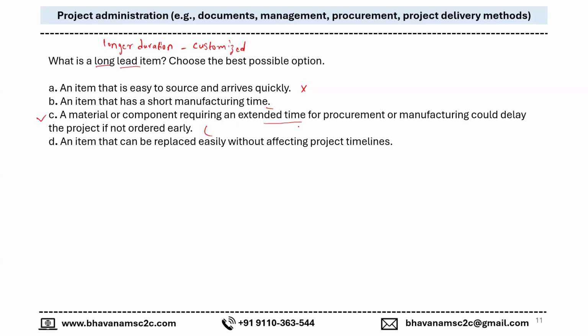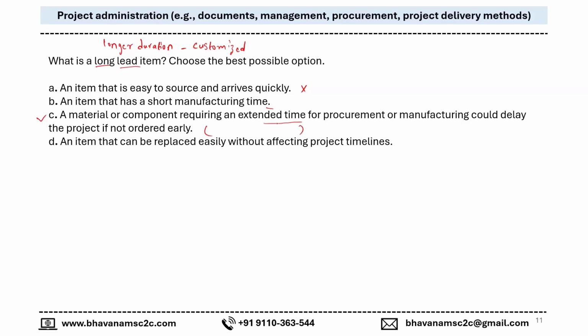I'll give you an example of a long lead item. An electrical contractor on my site is getting some electrical equipment from Ukraine, which has been produced only in Ukraine for years.